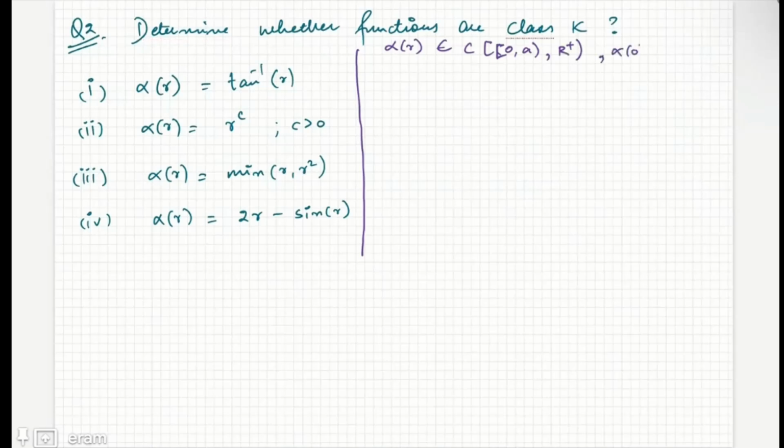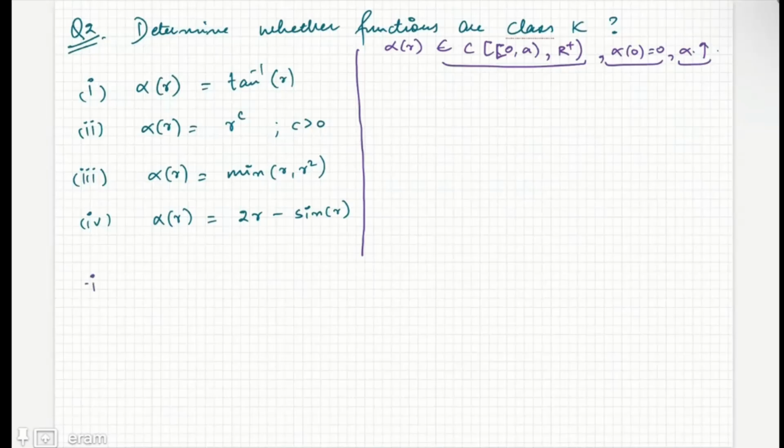It should be 0 at 0, and it should be strictly increasing. So a function needs to satisfy these three conditions. Let's analyze each function one by one.